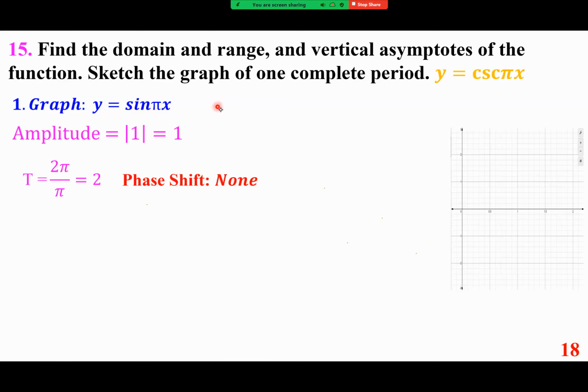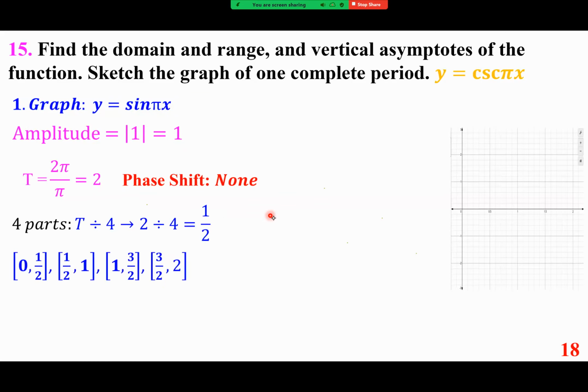We're going to cut this into 4 equal parts. So we're going to divide 2 by 4, and we get 1/2. It basically works like the previous page: 0 to 1/2, 1/2 to 1, 1 to 3/2, 3/2 to 2. And now you're going to plug in. For example, if I plug in 0, I get sine of 0, which is 0.